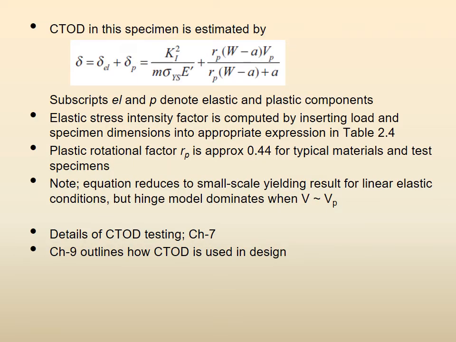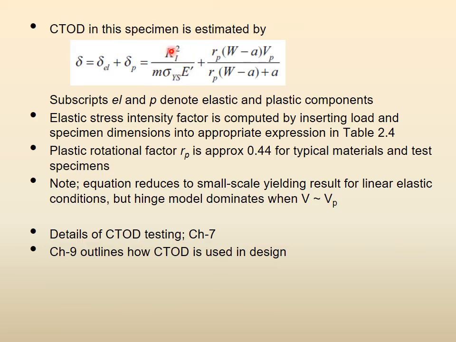So now CTOD in this specimen is estimated by delta. The CTOD delta is delta elastic plus delta plastic, as we just showed you. The delta elastic is totally covered, right? We just did it in the previous section: K1 squared by m sigma YS E dash. This E dash is equal to E for plane stress, and it is equal to the other expression for plane strain.